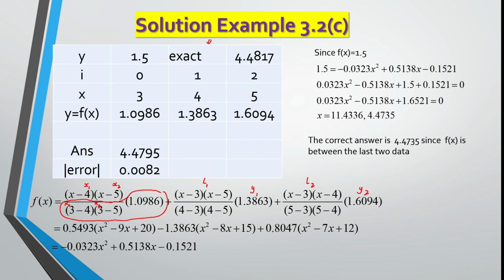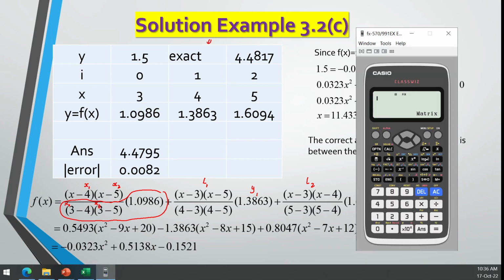I want to show you. Where's my calculator? Here you got this value, 1.0986, divided by 3 minus 4, divided by 3 minus 5.